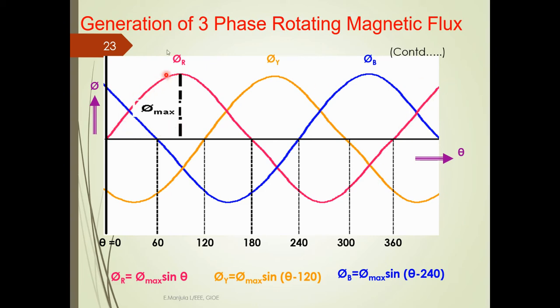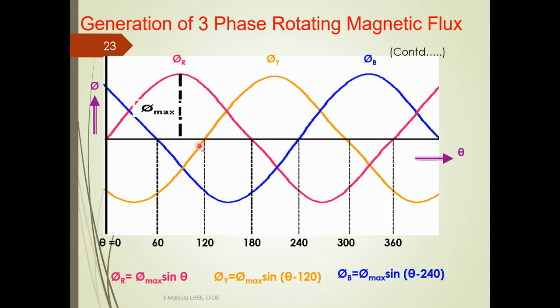So this is phi R flux produced due to the IR, and this is phi Y flux produced due to the IY, and this is phi B flux produced due to the IB currents. Okay, so here if we see the diagram, the angular distance between each and every phase is 120 degrees apart.